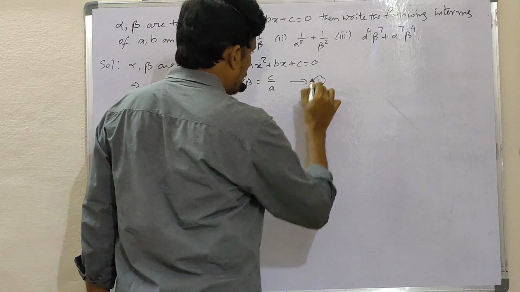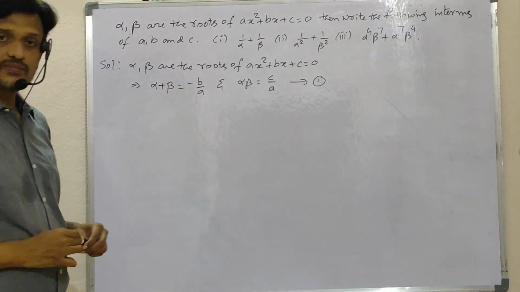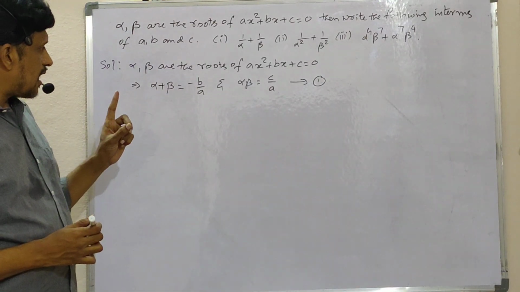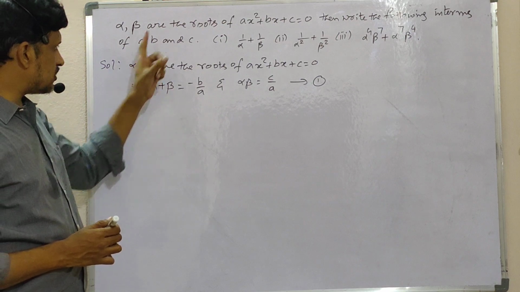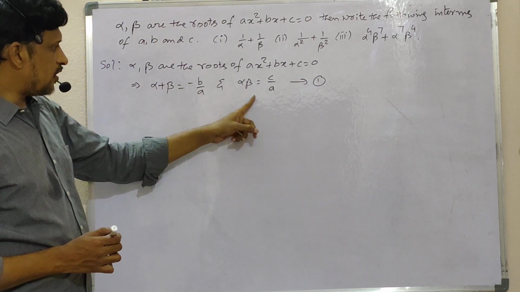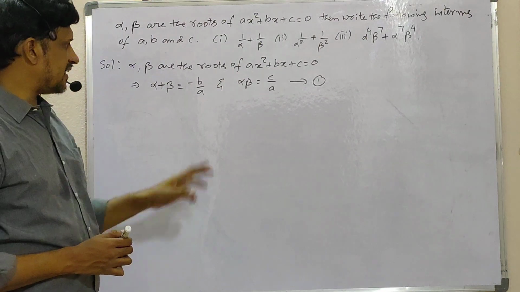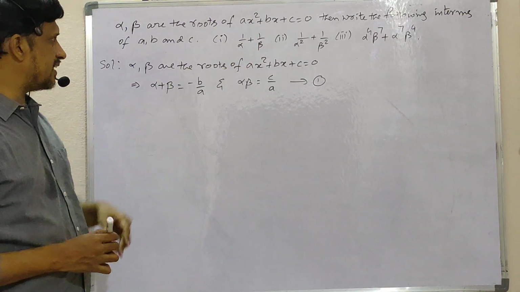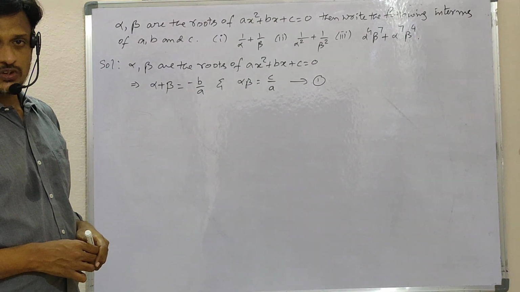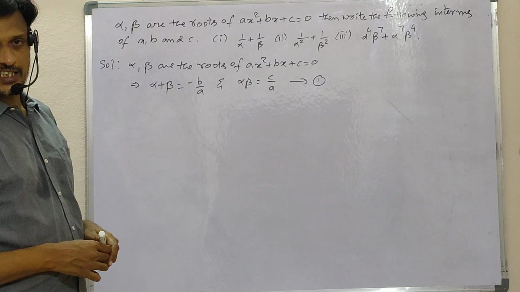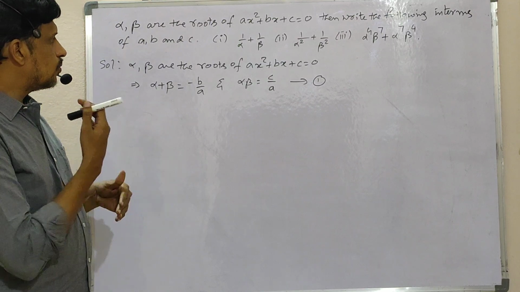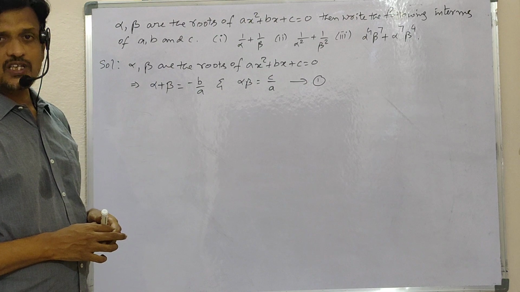Suppose this is equation number 1. These are the two things you can write from the given: alpha, beta are the roots of the quadratic equation. Now try to write the given in terms of a, b and c.